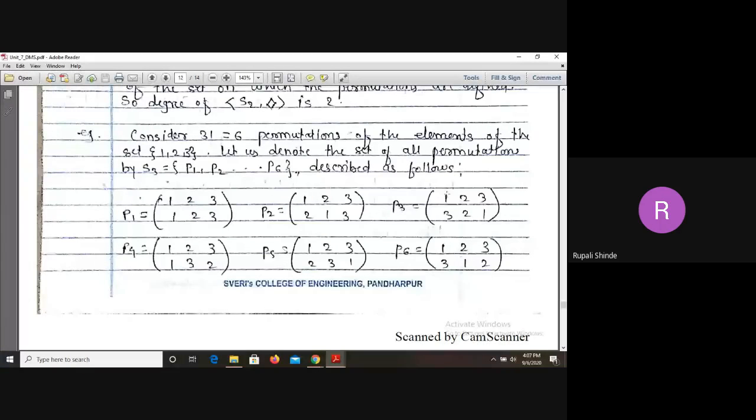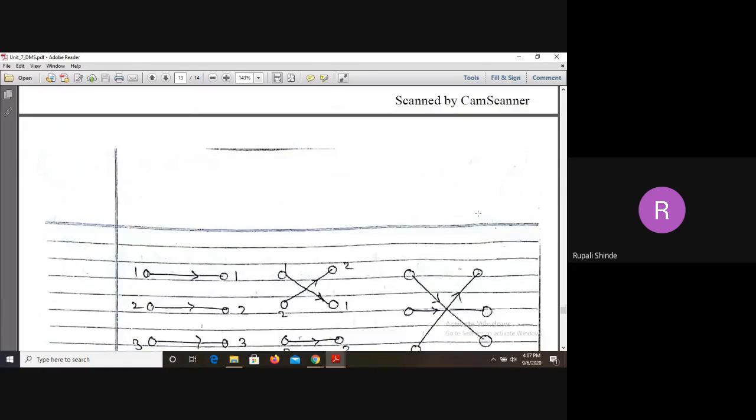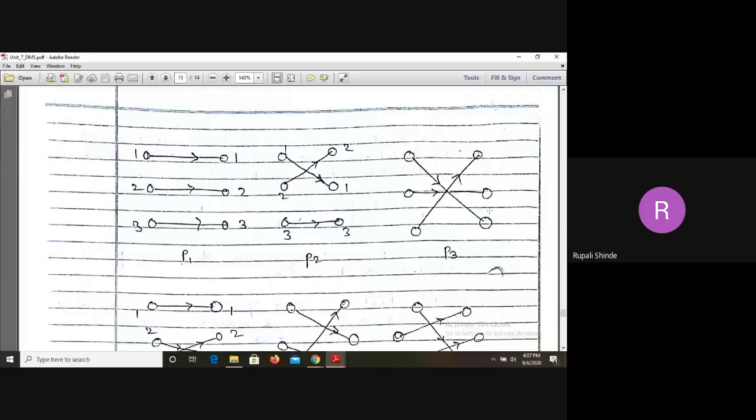P3 is given as 1 is mapped into 3, 2 is mapped into 2 and 3 is mapped into 1. So there should be an arrow from 1 to 3, 2 to 2 and 3 to 1.